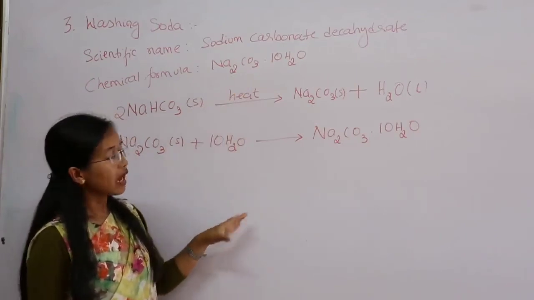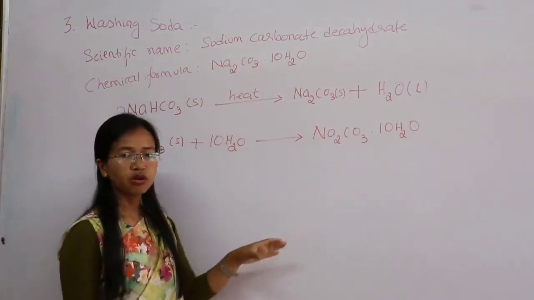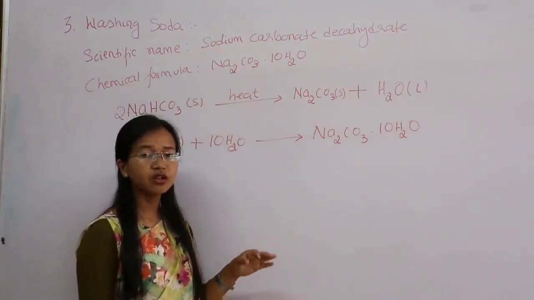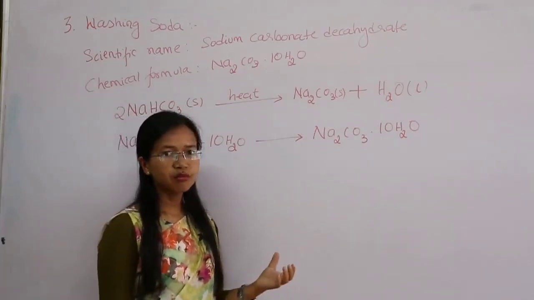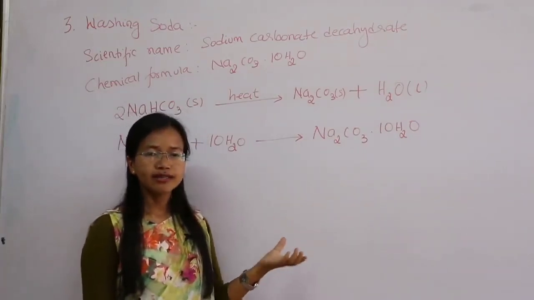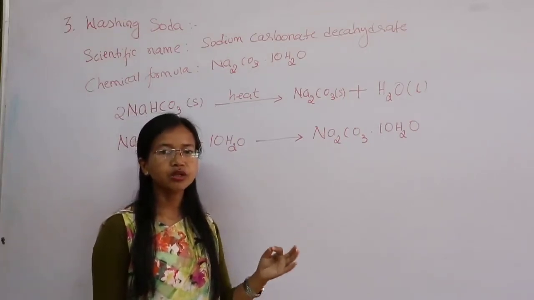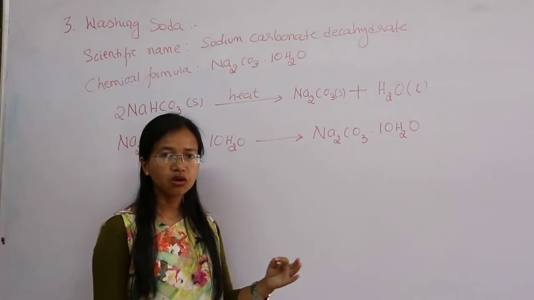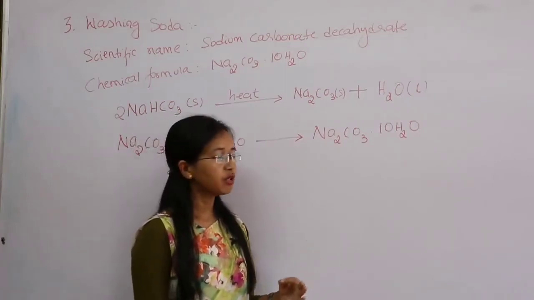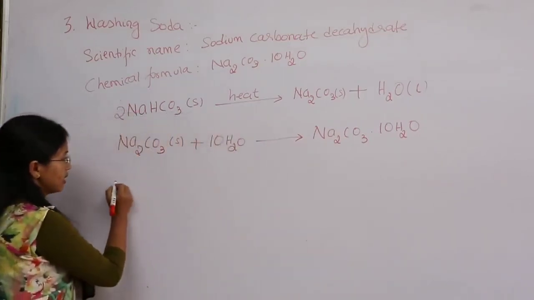There is another salt also which has water of crystallization, which is generally known as gypsum. Gypsum has two molecules of water as the water of crystallization, and the chemical formula is like this.